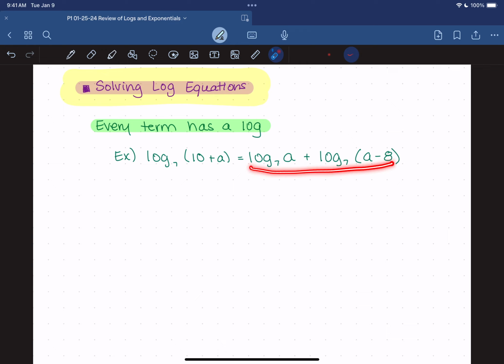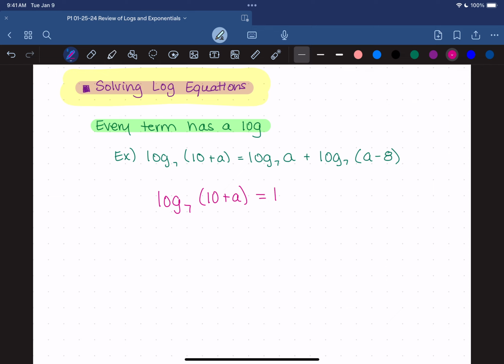On the right-hand side, we have two logs, so we can use our properties to condense. When there's a plus sign between the two logs, you can condense them using multiplication. So we get log base 7 of 10 plus a equals log base 7 of a times a minus 8.